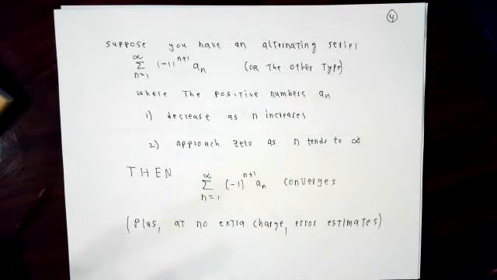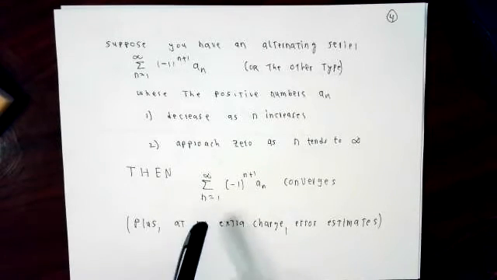As we're going to see, in the case of an alternating series, that is enough to guarantee that the series converges. As we'll see a little bit later, we get an extra bonus too. This is going to tell me how closely a given partial sum approximates the true value of the alternating series.